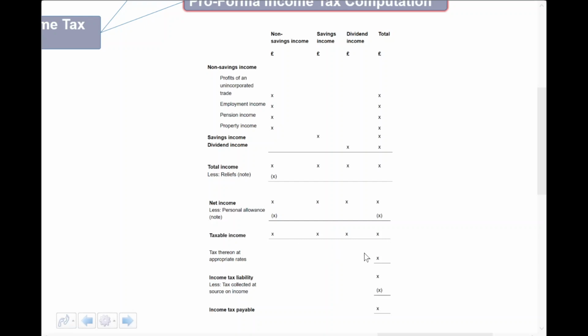Next part is application of rates. Now, a word of advice here in relation to applying the respective rates. Remember, they're all in the tax tables. Don't need to memorize them. Slow down here, because in my experience of marking questions, marking mock exams, and indeed speaking to students, this is where a lot of the mistakes are made. Not all of them, but a lot of them.